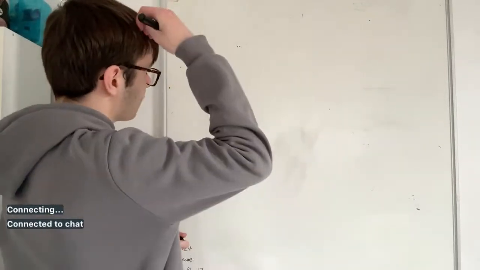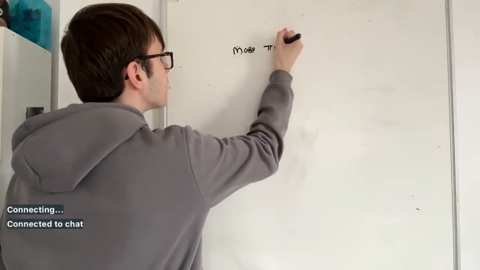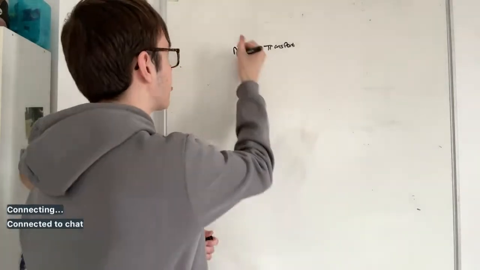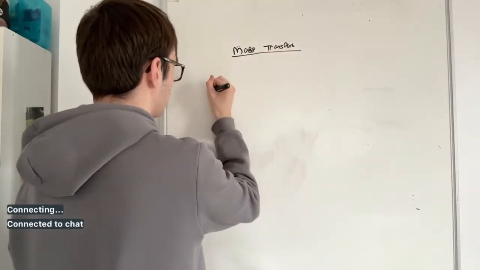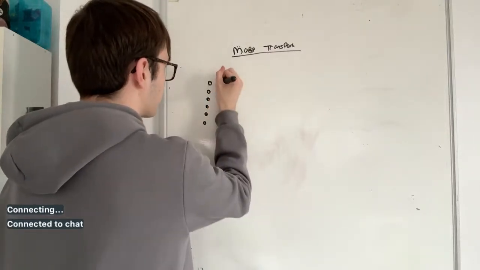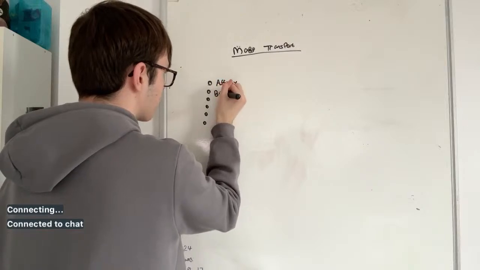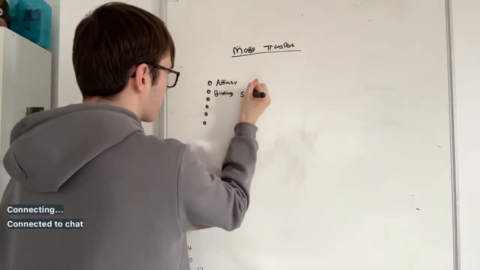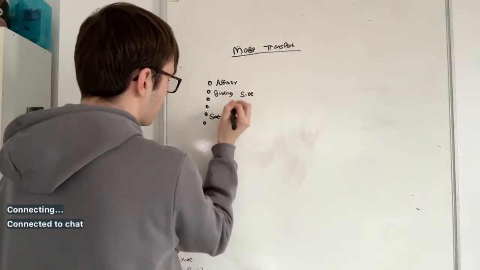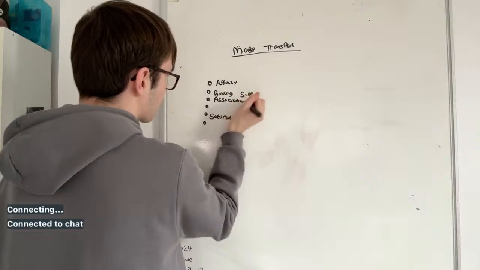So for the whole topic of mass transport in animals, here are some keywords which I think are very good. We'll start with hemoglobin first: affinity, binding site, saturation, association, and dissociation.